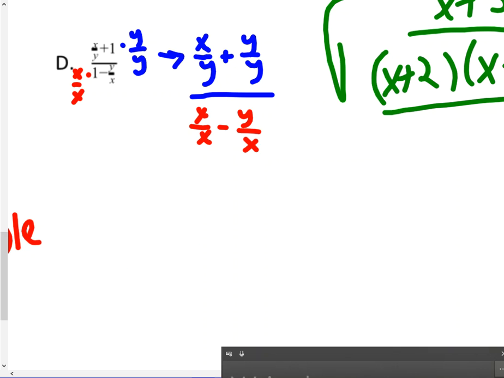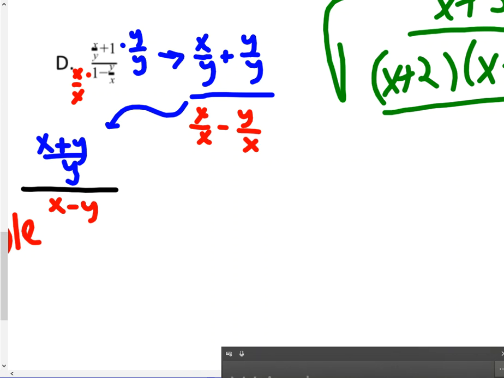All right. We've got common denominators on the numerator and on the denominator. So let's combine these. In the numerator, we'll have x plus y over y. All of that divided by x minus y all over x.